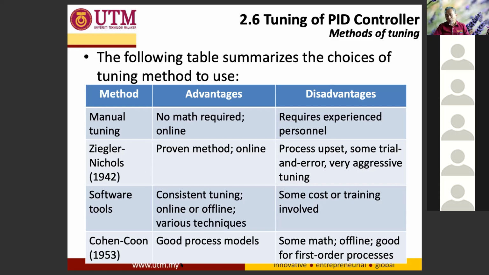This is a process industry using process control. It needs a little bit of mathematics. It cannot be applied offline; it is online and good for first order processes. When it goes to higher order systems, Cohen is no longer suitable.